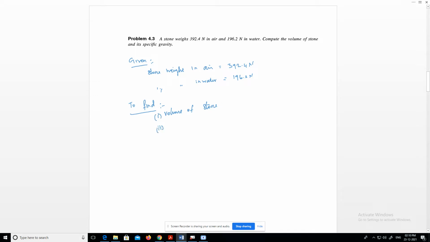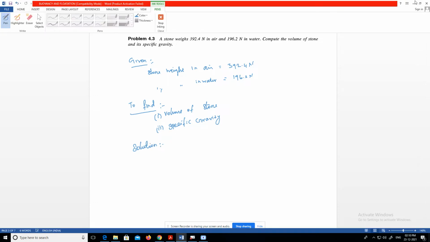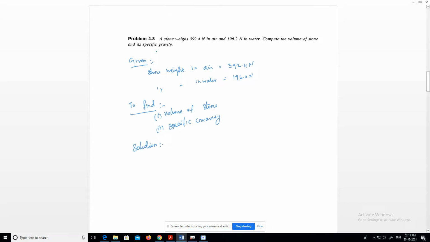Second, we have to find out the specific gravity. Solution.